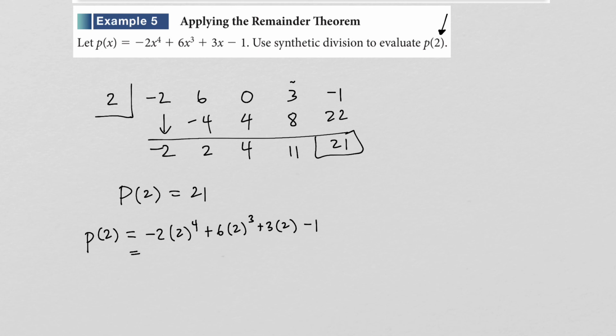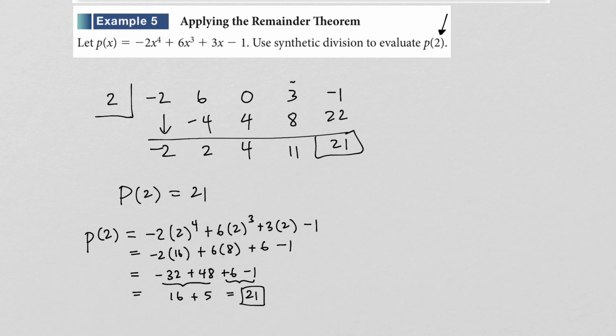If you do the math, this is negative 2 times 16 plus 6 times 8 plus 6 minus 1. That's negative 32 plus 48 plus 6 minus 1. Negative 32 plus 48 is 16, and 6 minus 1 is 5, and 16 plus 5 is 21.